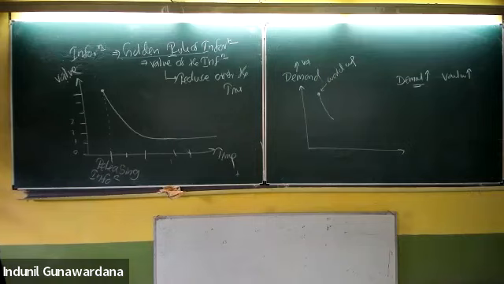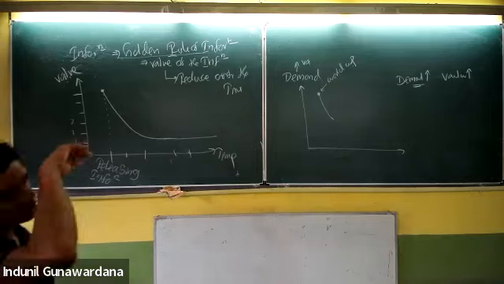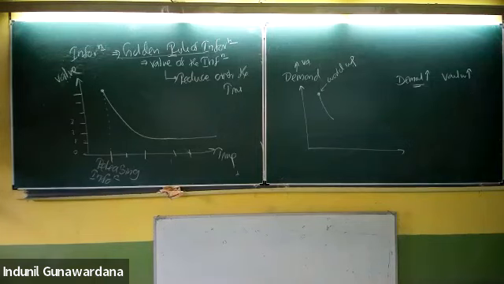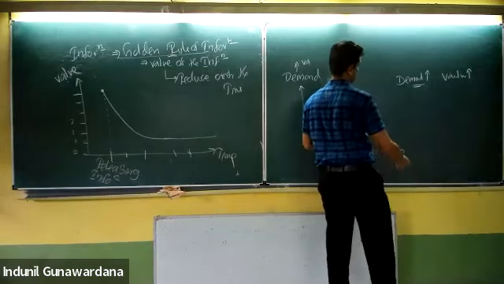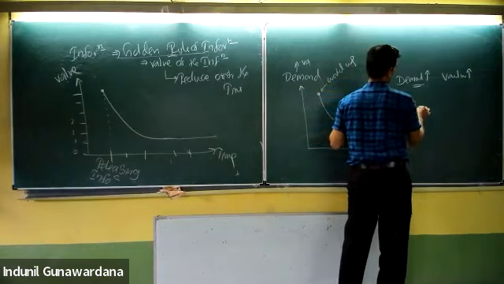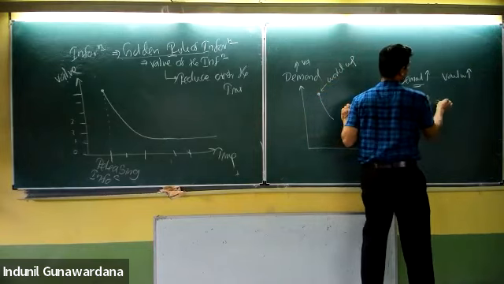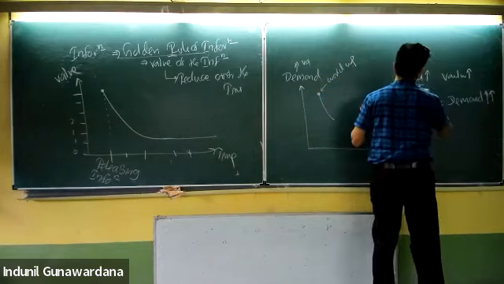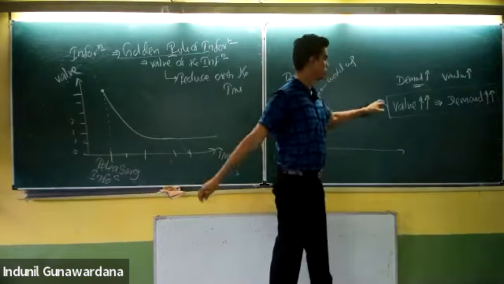So when the value is higher, comma, it is with higher demand too. Then we write: value higher, then the demand is also going to be higher. Correct?